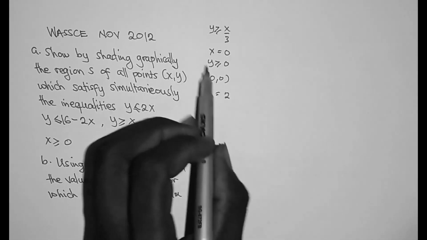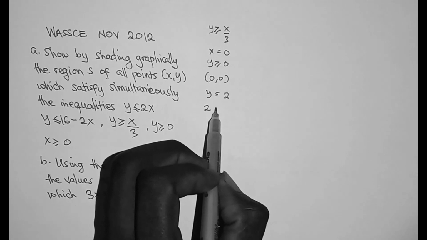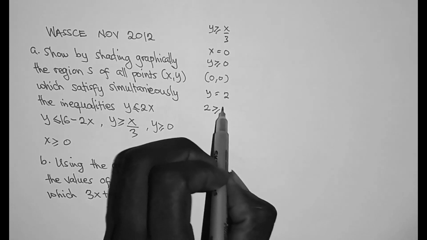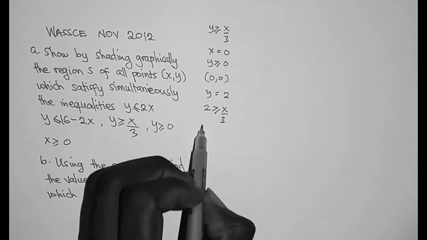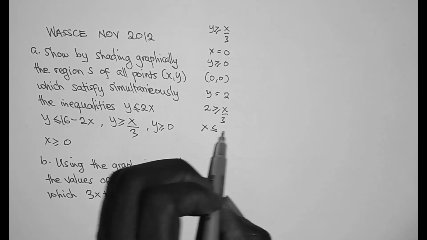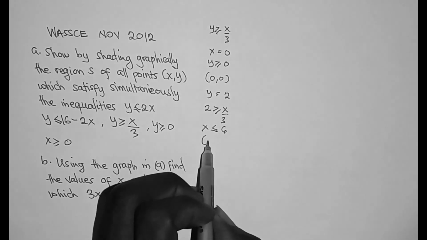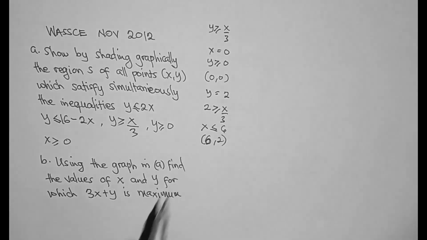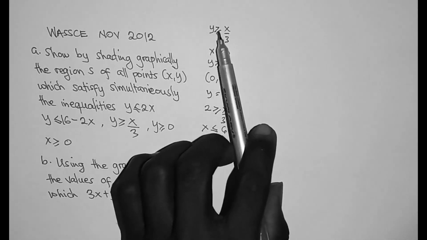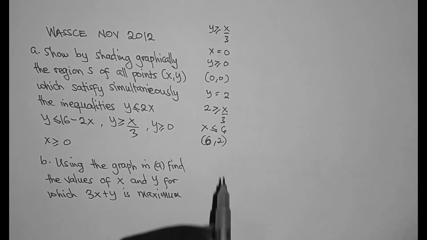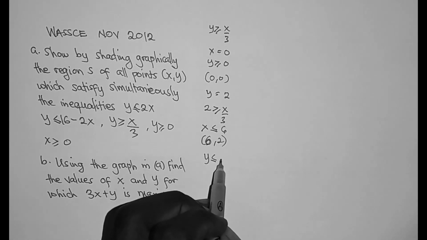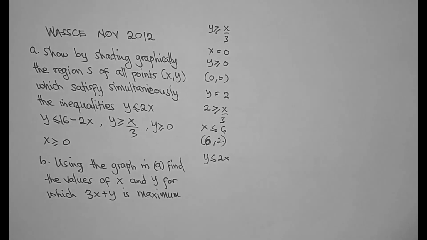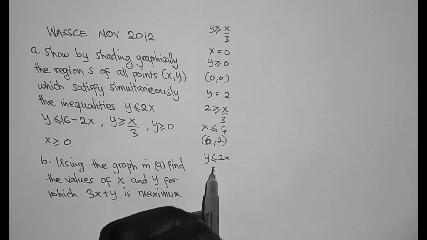See that if y is equal to 2, we have 2 is greater than or equal to x over 3, and therefore x is less than or equal to 6. So we also have the point 6, 2. So we are done with this constraint. Let's take the constraint y is less than or equal to 2x. So let's set x equals 0.